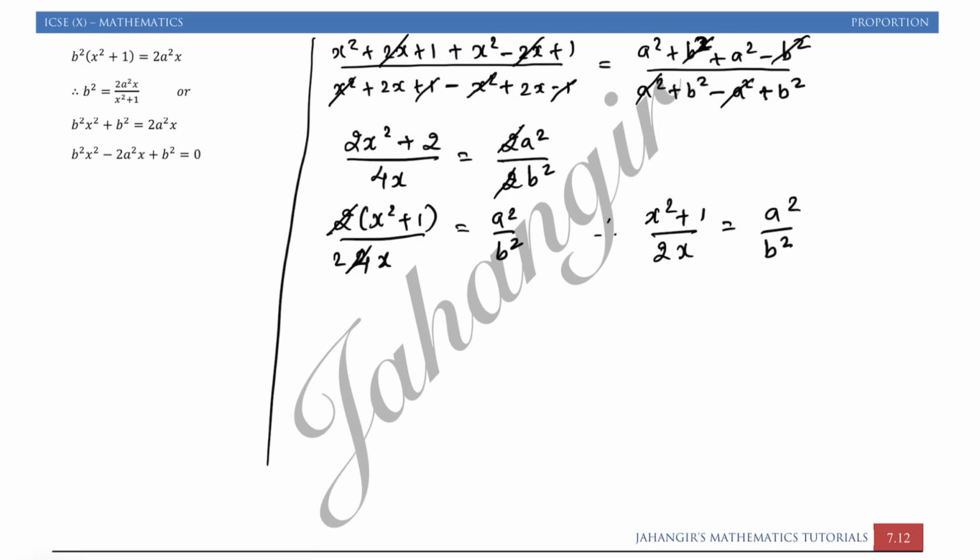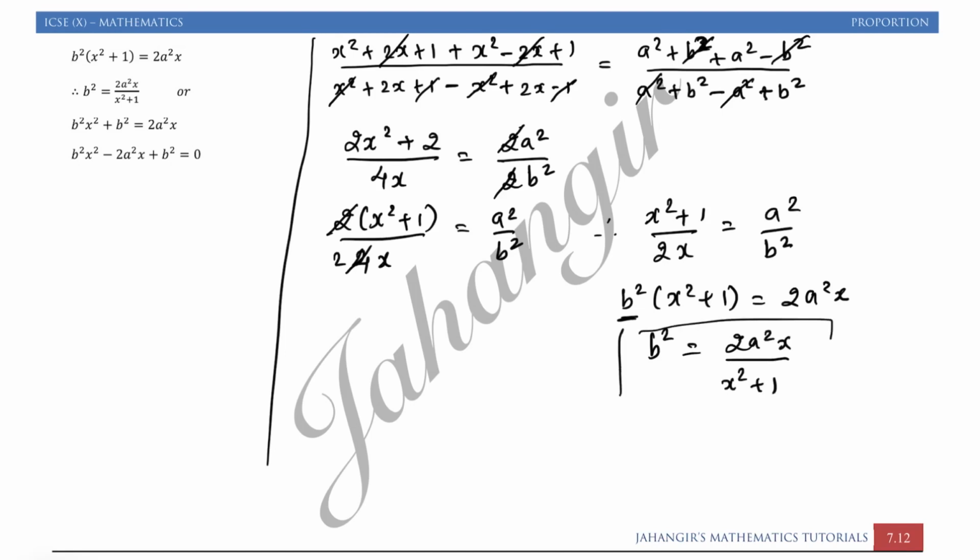So here if I am cross multiplying terms, I will get b square into (x square plus 1) is equal to 2a square x. Okay, so now I want b square value in first case, so I can write b square is equal to 2a square x upon (x square plus 1). This was the first part which I need. For second part, I will just multiply this term.